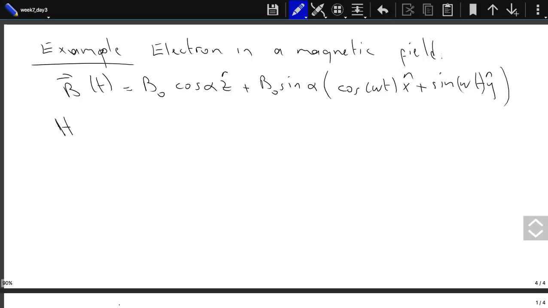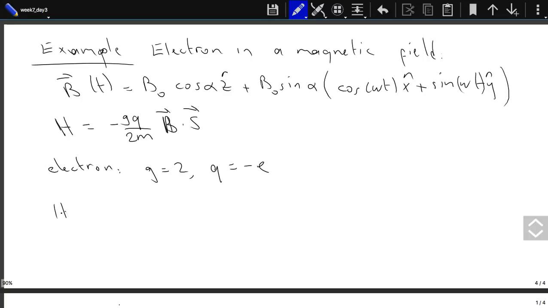Well, the Hamiltonian for the system will be just minus q over m B dot S. Now, if you remember, it was q over 2m times the gyromagnetic ratio. For the electron, g is just 2 and q is equal to minus e.